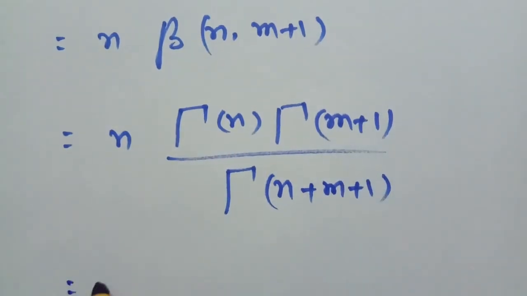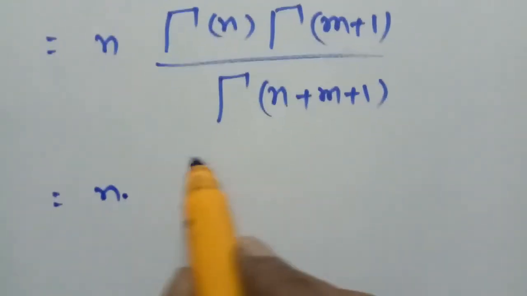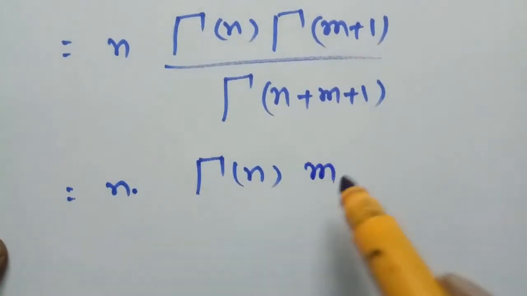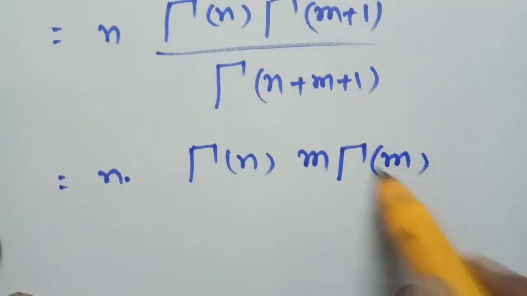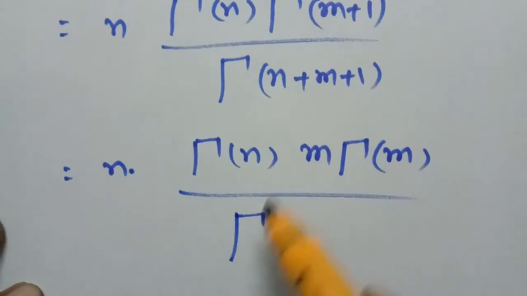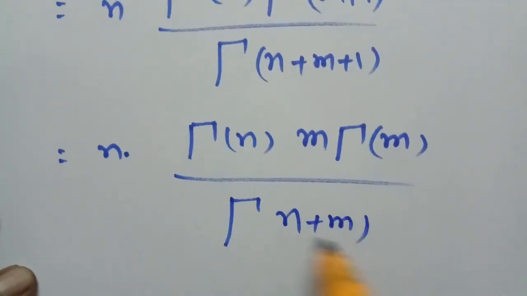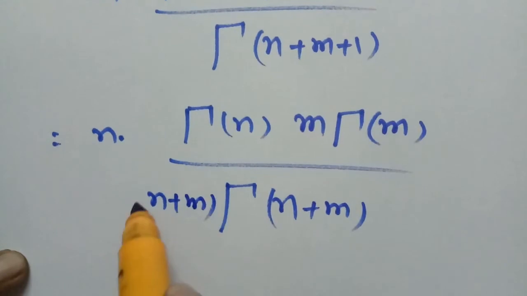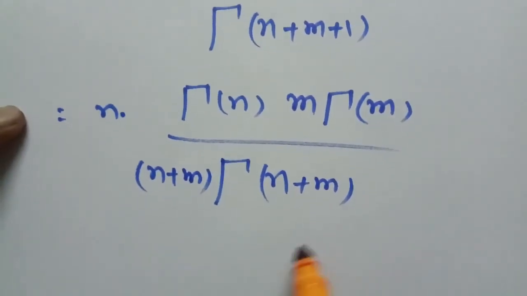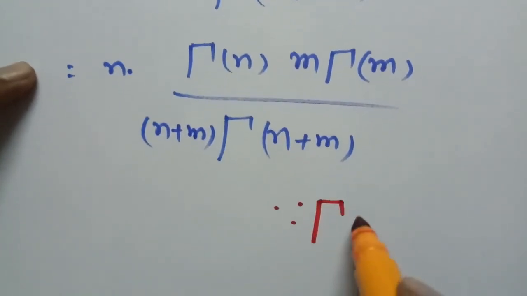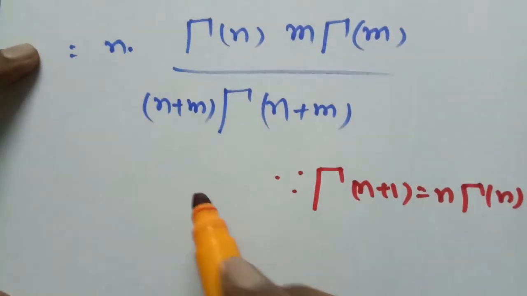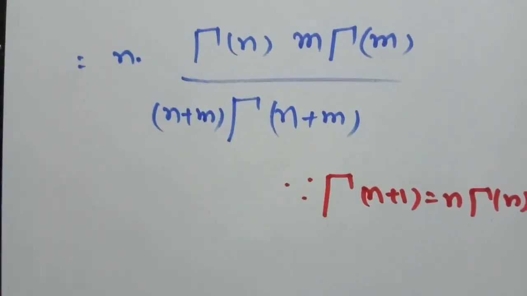Therefore, this is equal to n into gamma n, gamma m plus 1 by the recurrence relation, this can be written as m into gamma m by again the recurrence relation, this is equal to gamma n plus m into n plus m. Since by the recurrence formula, gamma n plus 1 is equal to n into gamma n. So this is the standard formula.